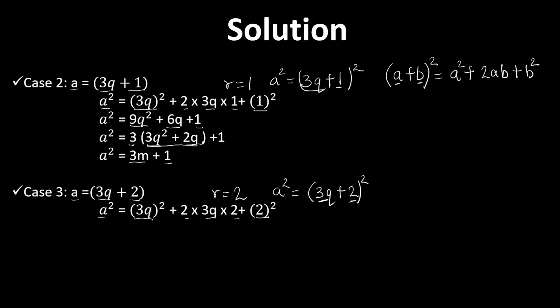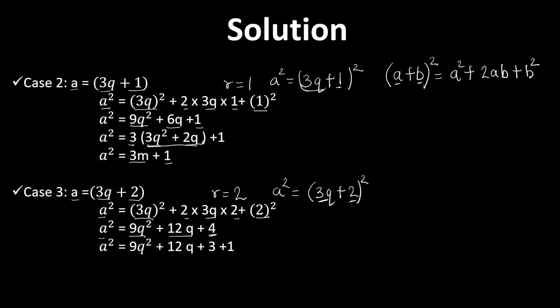On simplifying this, we are going to get a square is equal to 3q whole square will give us 9q square, 2 into 3q into 2 will give us 12q and 2 whole square will give us 4. Now, is it easy to take 3 common? We can't take 3 common from 4, right? So what we will do? We'll split 4 in terms of 3 plus 1. Let's do that.